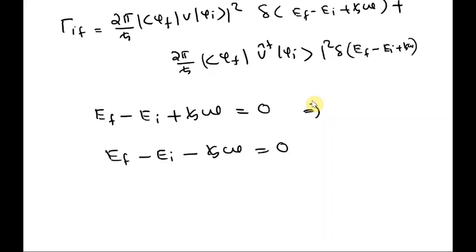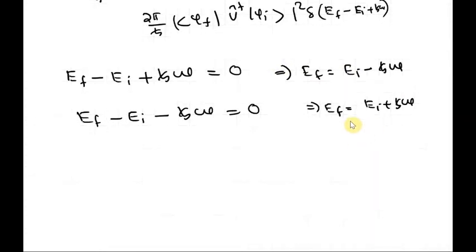So this will give you E_f equal to E_i plus minus h cross omega.